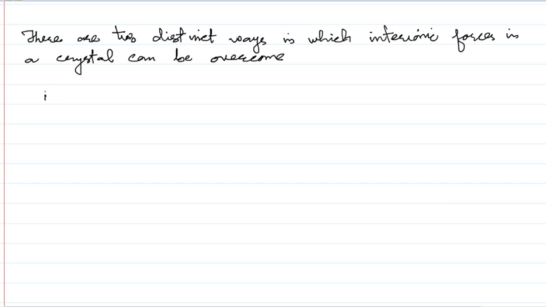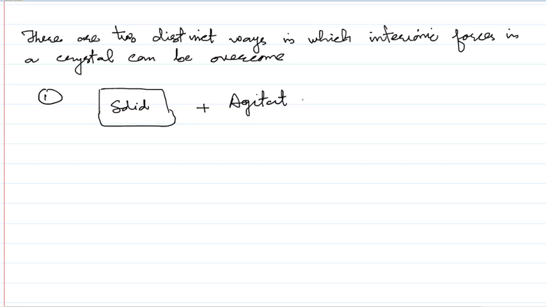The method one is simply, suppose you have a solid crystal, what we are doing is adding an agitational effect. That means we are basically heating, or giving heat energy to this system.